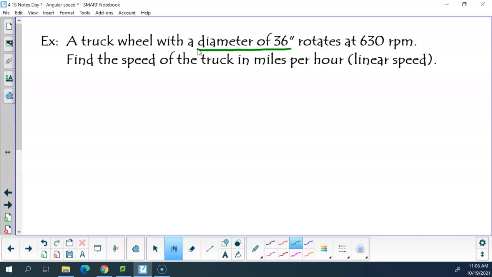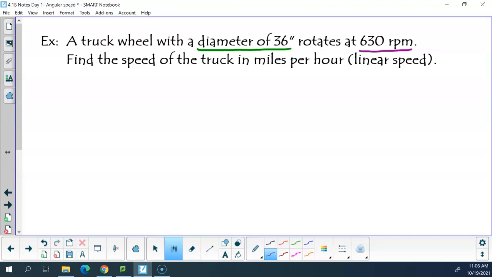It rotates at 630 revolutions per minute, or RPMs. We want to find the speed of the truck in miles per hour. So the wheel is rotating at 630 revolutions per minute as it's going down the road. I want to know how fast that truck is actually going.